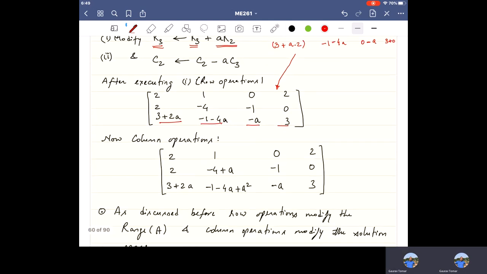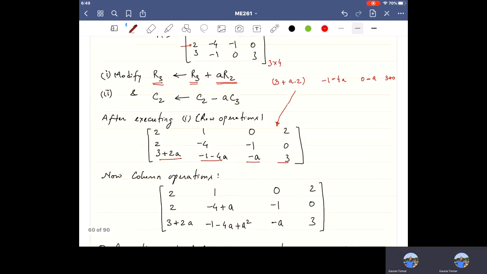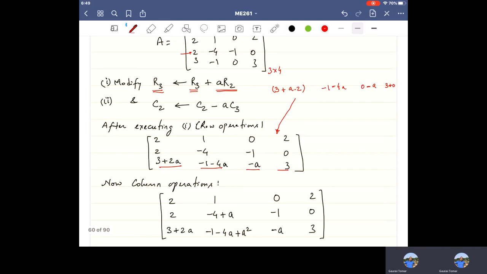Now we perform column operations on this. We're doing it in an order, columns 1 and 2. So column 2 is here, and A times column 3 has to be subtracted and placed here. So column 2: 1 minus A times 0 will give you 1.